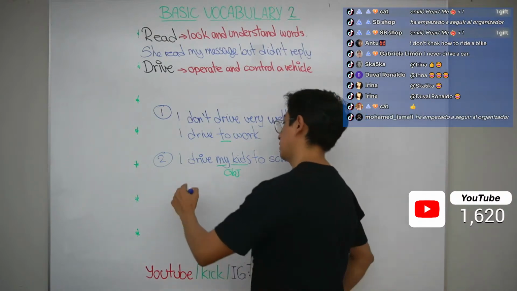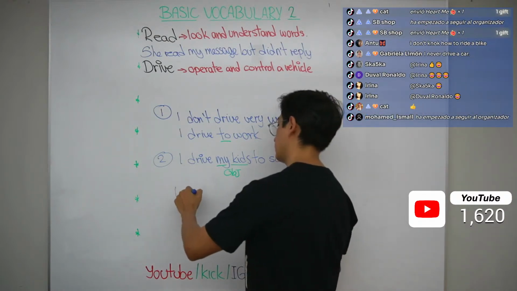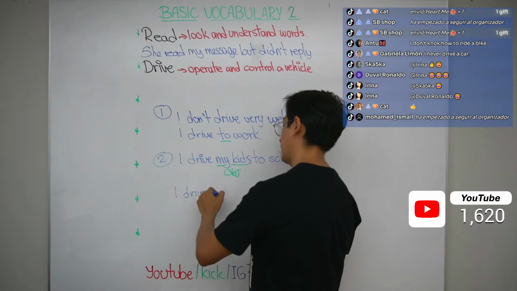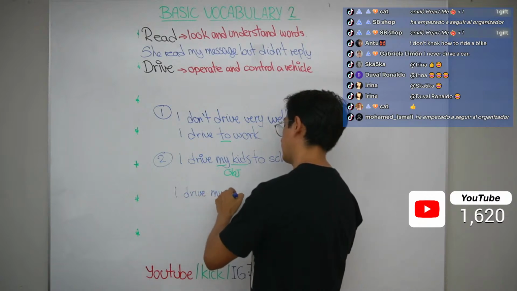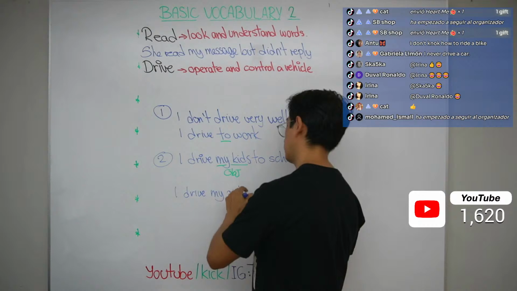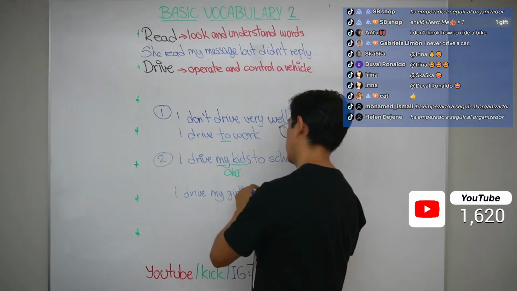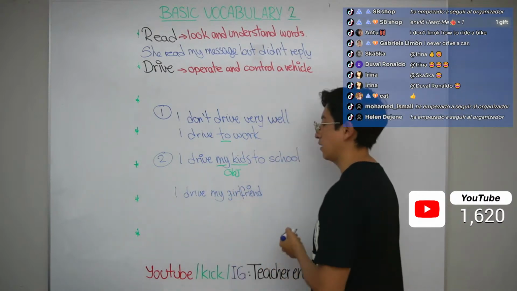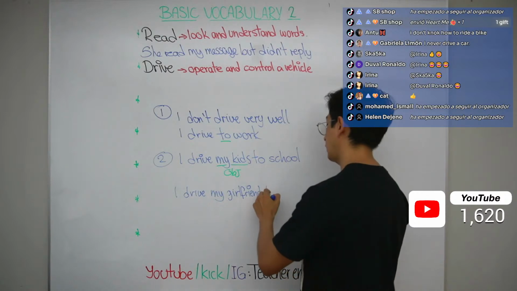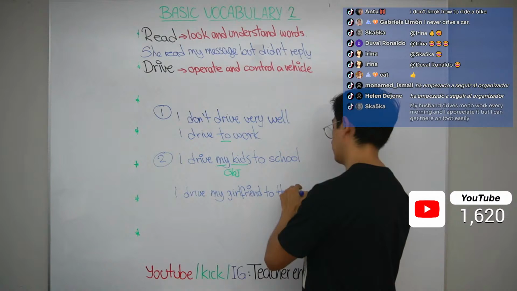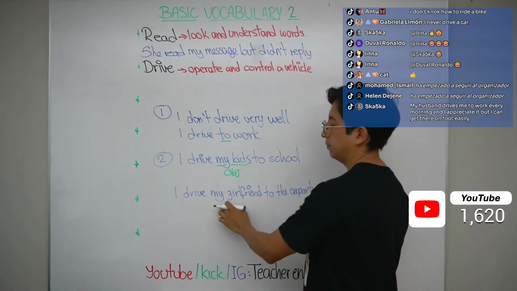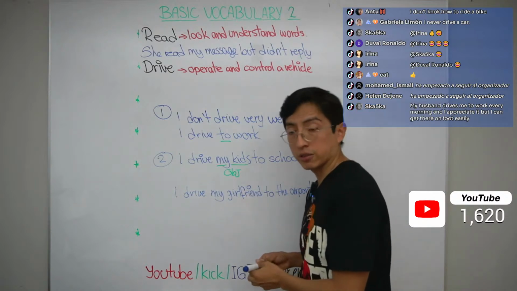Another possibility, you can say here, I drive my girlfriend to the airport. Here we have the object too.